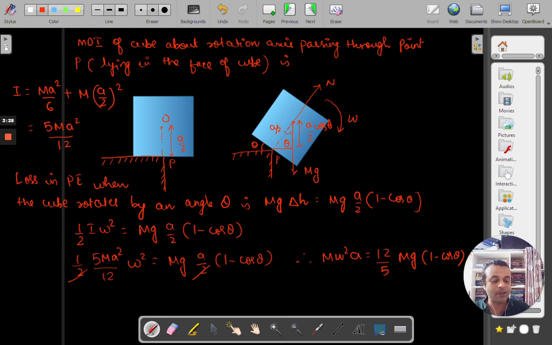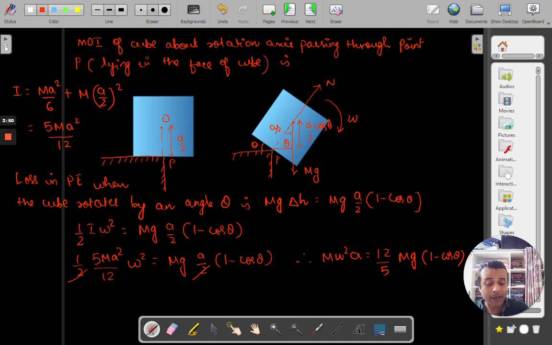This loss in potential energy will be equal to rotational kinetic energy, that is half I omega square. I already got it to be 5 ma square by 12. By solving this, I find m omega square a is 12 by 5 mg into 1 minus cos theta. I keep it like this.